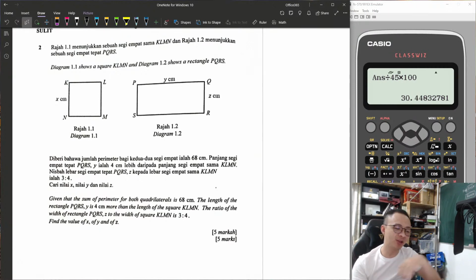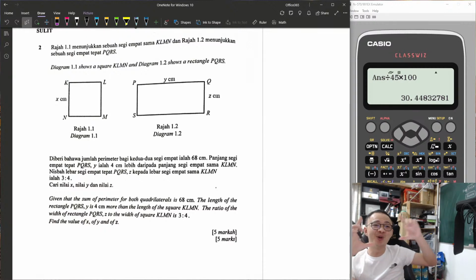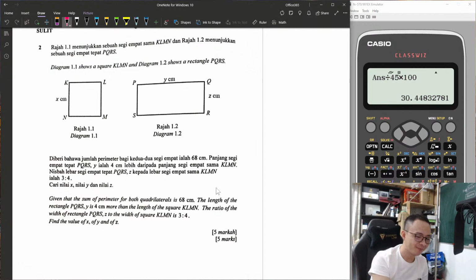The 45 needs to be times 3, right? I thought the 45 is for the whole thing. Is it for one of the circles? Why do you need to times 3?